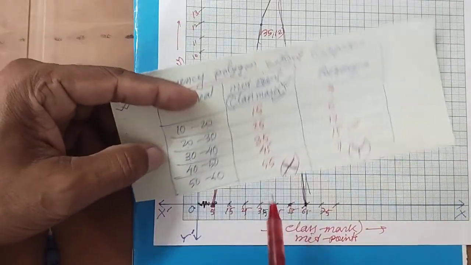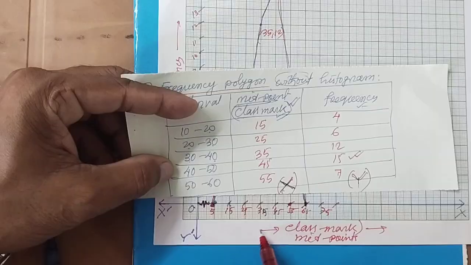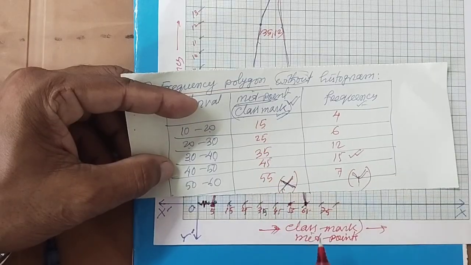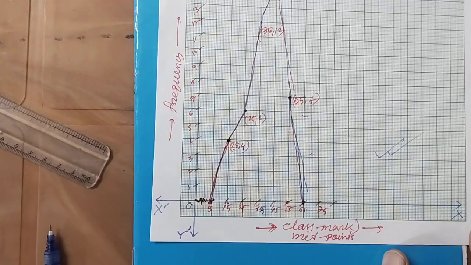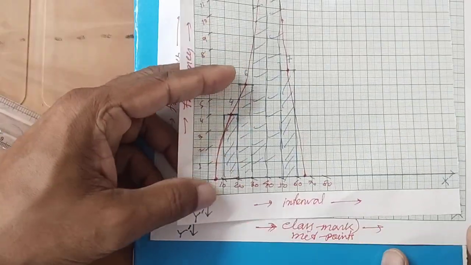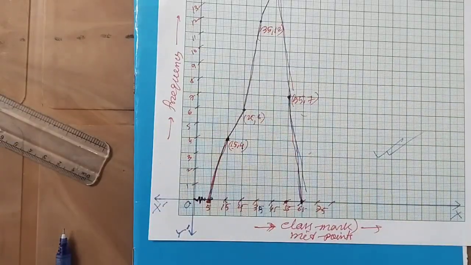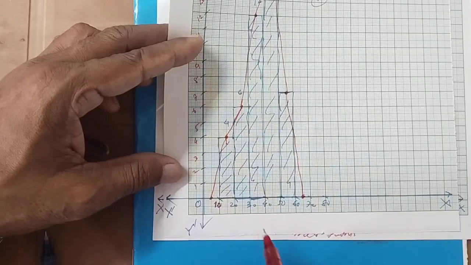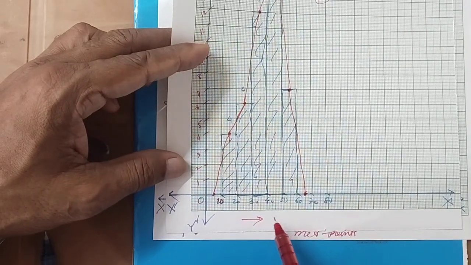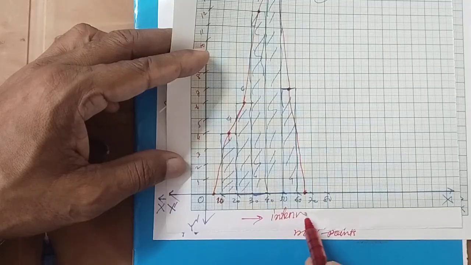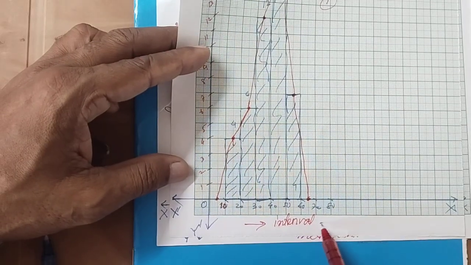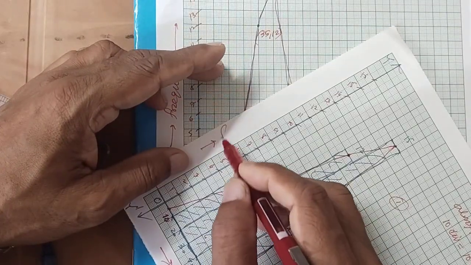So along the x-axis we are drawing the midpoint, and along the y-axis the frequency, like before. In our first graph, frequency polygon with histogram, along x we wrote the interval and along y the frequency.